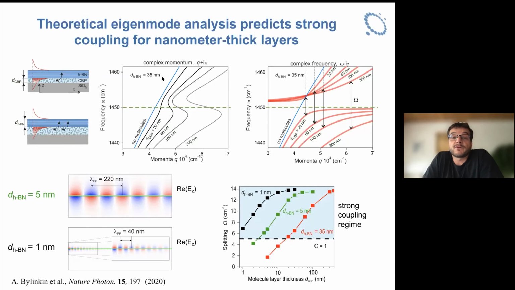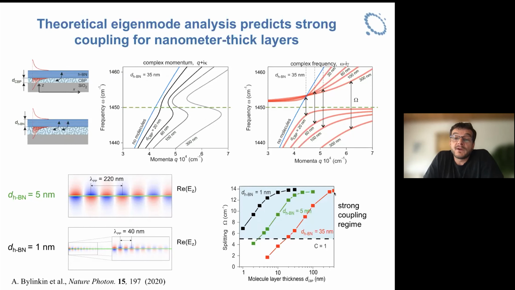Let's assume we have a 35 nanometer thick layer of hBN, and we increase the thickness of the molecules. What we see is that the bending region increases, or in other words, the normal mode splitting increases. So this is classic, as in a microcavity. The more oscillators we have, the stronger the coupling becomes.